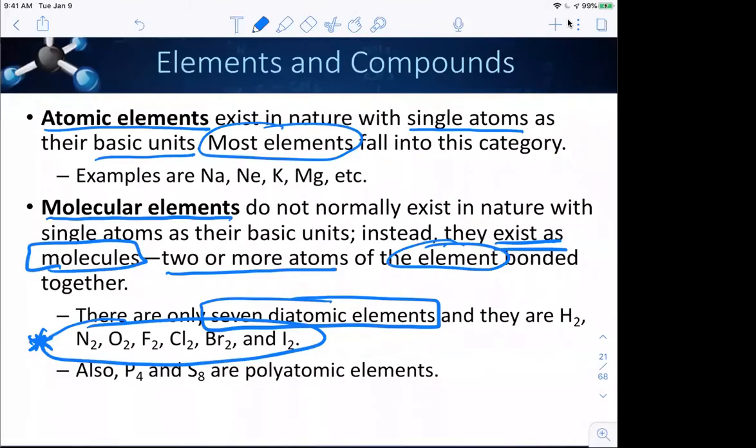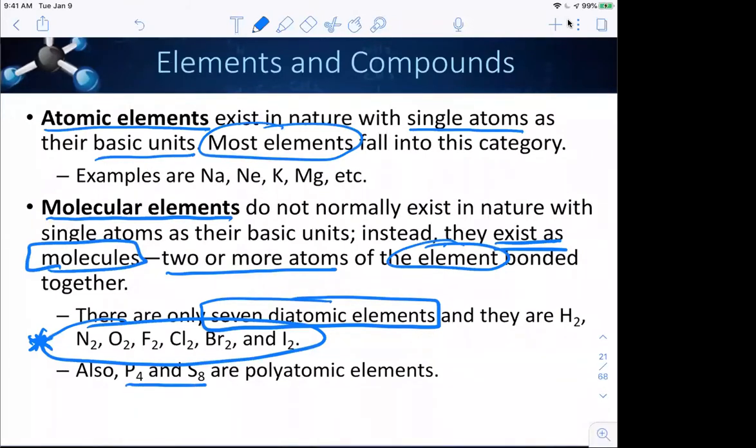If something is combusting in the presence of oxygen, the reactant in that reaction is O2, not O. When I have to use the law of conservation of mass in order to balance chemical equations, if I don't use how these elements are found in nature, I am not going to get the correct reactions written down on paper.